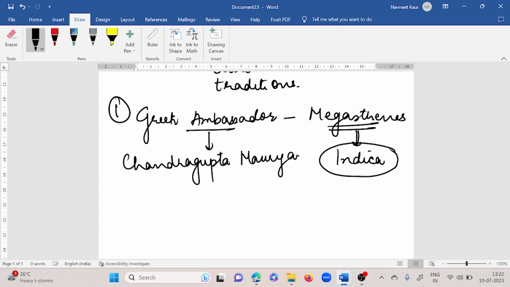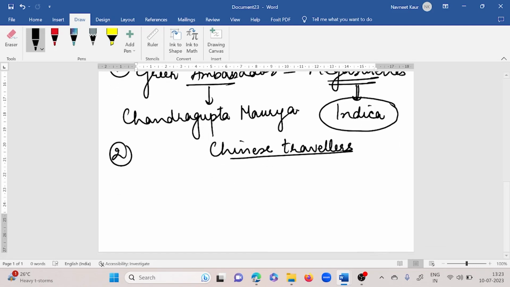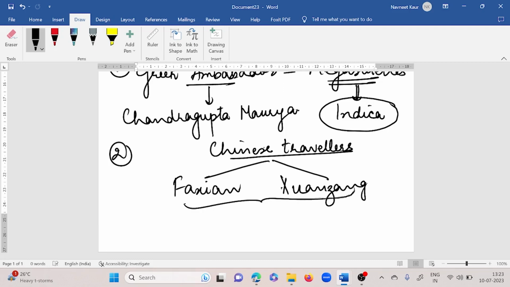Similarly, there were two Chinese travelers. One was named Fa-Hien and another was named Hiuen Tsang. They came to India to study Buddhism, and then they wrote about their experiences in India.